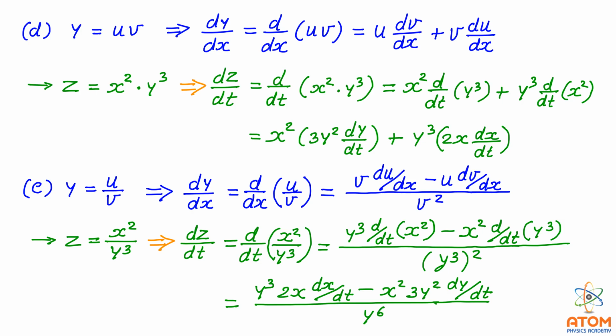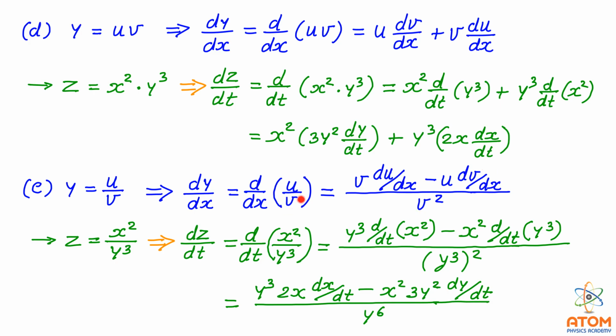Now let us see another equation, if there is a division of u and v. If y is equal to u by v is given, then dy by dx will be equal to d by dx of u by v obviously. Now here what we have to do, it will be v into du by dx minus u into dv by dx, divided by v square.